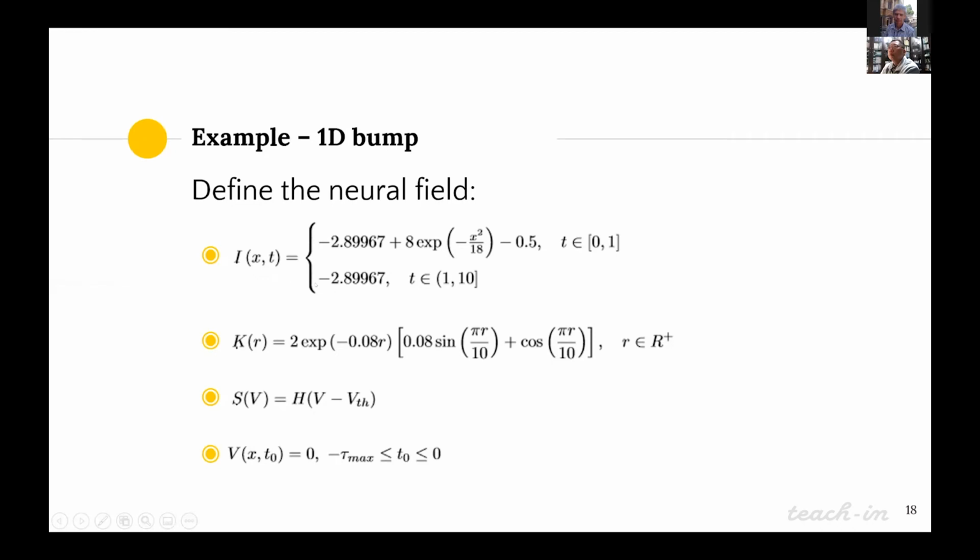The function y has this value, which is just the resting value. And the connectivity function in this case is an oscillatory function, so it decays exponentially, but it has oscillations resulting from this part here.